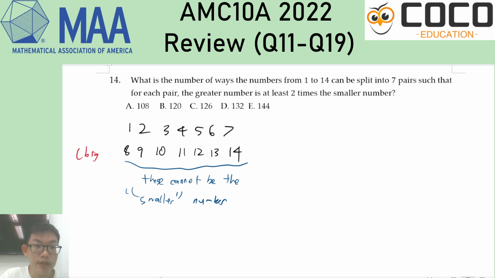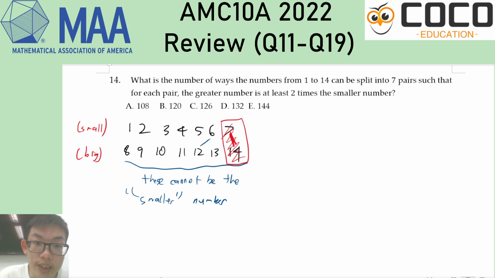So this will be the big number row, this will be the small number row. Now, if I were to look at this, I say that 7 needs 14. That's the only one that is at least 2 times of that. So, in a way, that doesn't affect my counting, because I want to know how many ways there are, so that is fixed. Now, at the same time, 1, 2, 3, and 4 can do whatever they like.